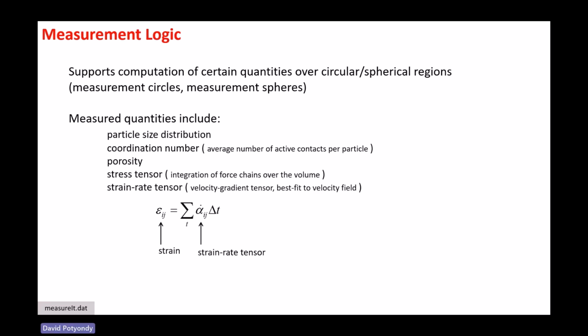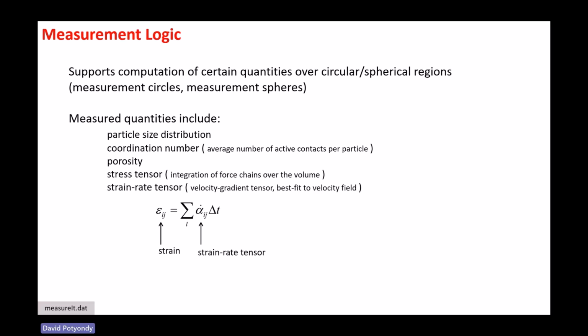The other thing you can do is you can ask for the strain rate tensor. So from your continuum mechanics, we talk about strain, right? So strain in the x is partial derivative of u over partial derivative of x, right? du dx.